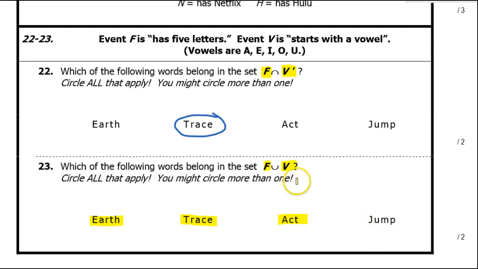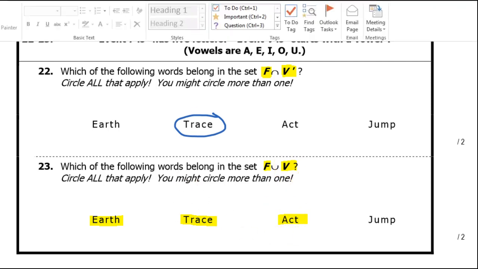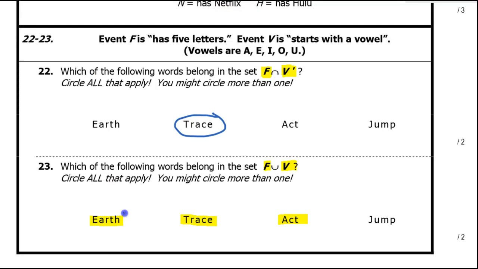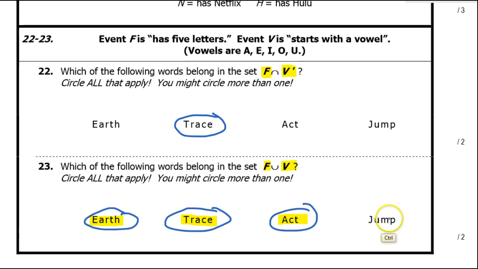And that's it. I started with F, 5 letters. OR is more, so I added on any additional words that are V, start with a vowel. And there you go. So for your final answer, you should have circled earth and tree and act, but not jump.